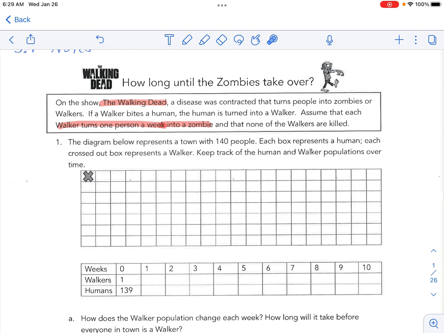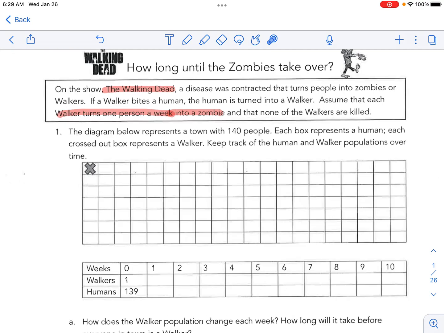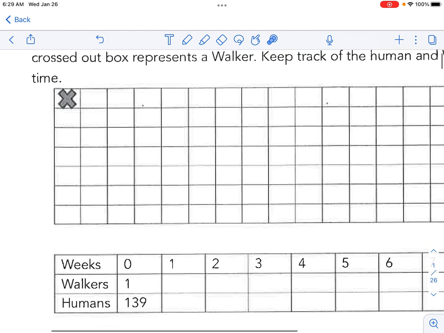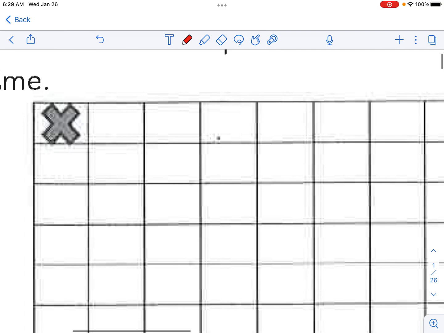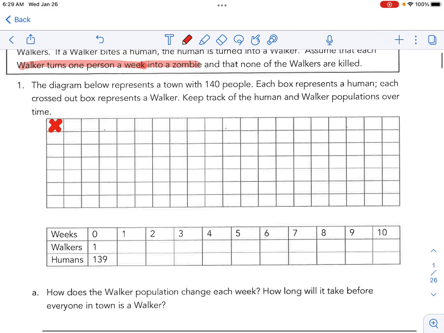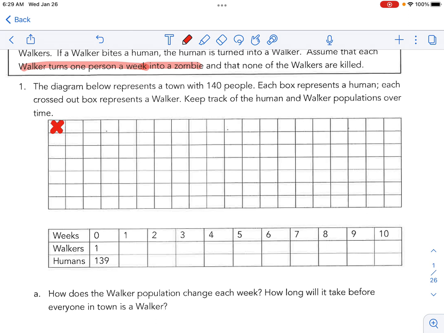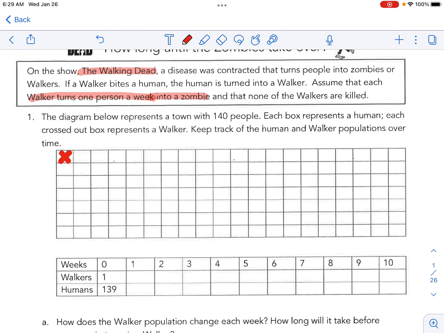So what we start out looking at the diagram and looking at the table, what we start out with is that in this population of 140, we have one zombie. And we know that every week a walker turns one person into a zombie.